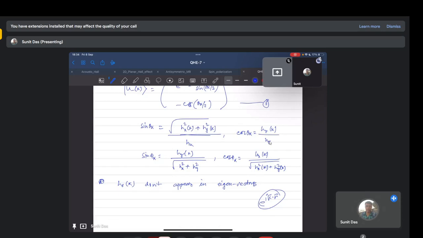Okay, so the next question is: next we are going to calculate the spin resolved density of states for the Hamiltonian of a Rashba spin orbit coupled system.